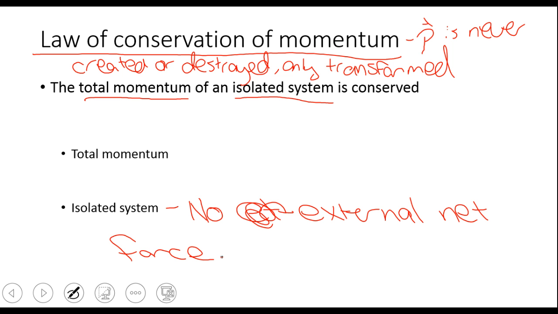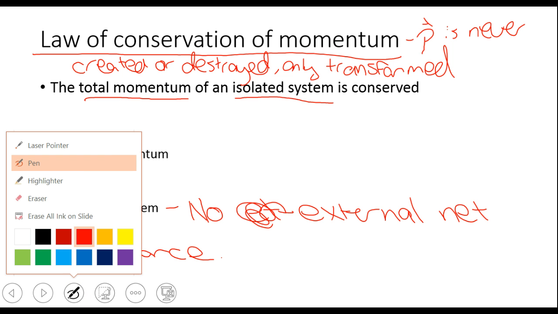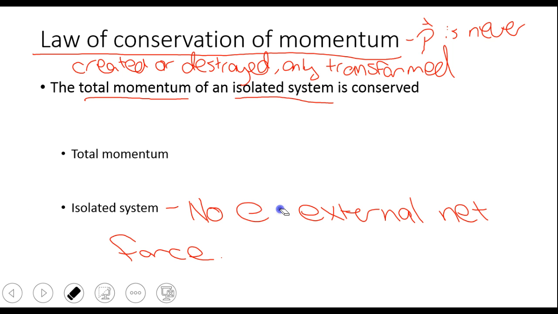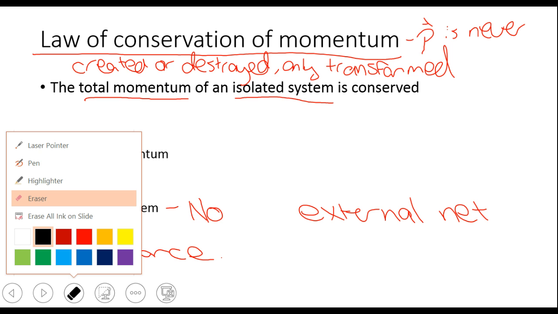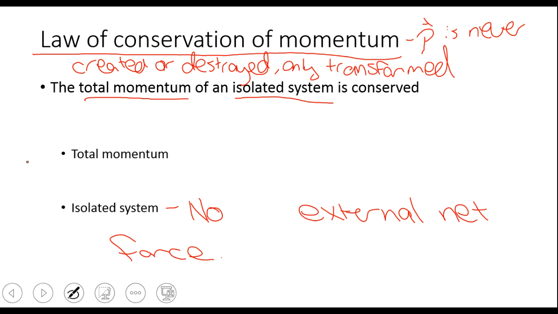When we consider a system, it can't be something where there are extra pushes going on outside of that. If we're going to look at the collision of two things, then we need to only consider the collision of those two things.